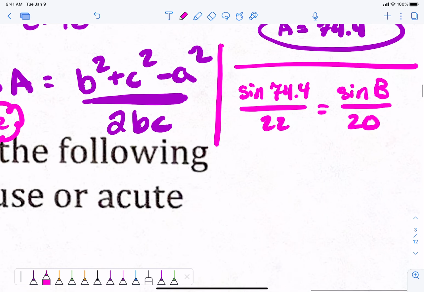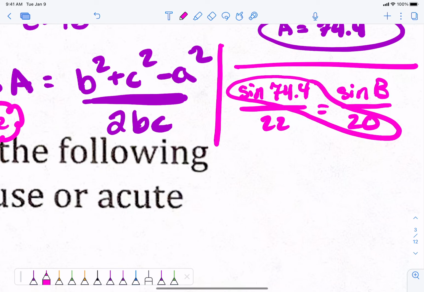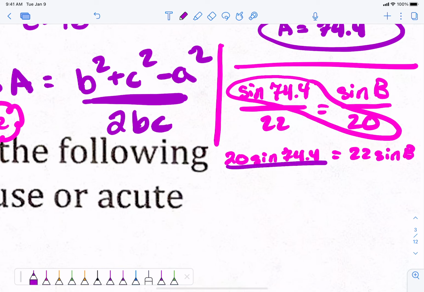Then I got 51.4, but if you subtract those from 180, the C will be bigger. All right, 20 sine of 74.4 equals 22 sine of B. Divide by 22.